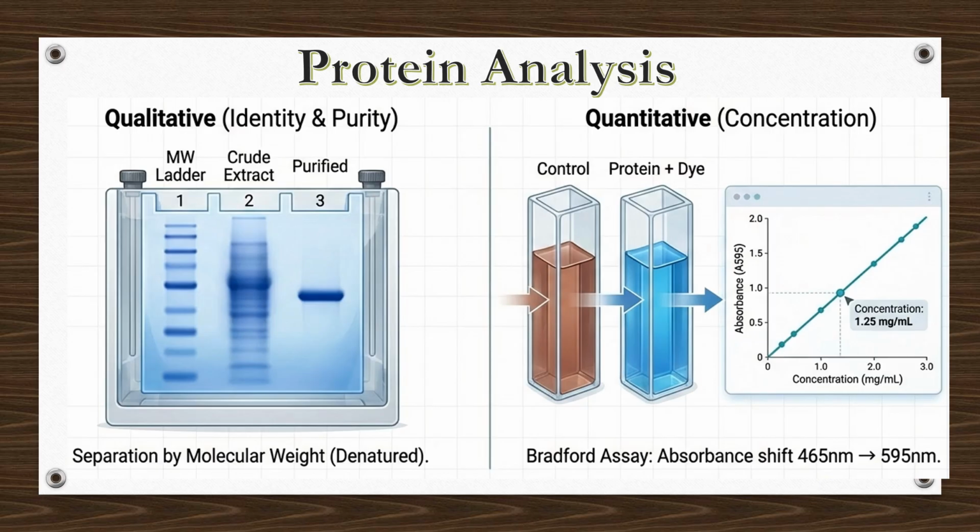These tests can be broadly divided into qualitative tests, which establish the presence or absence of protein or a specific amino acid, and quantitative tests, which measure the amount of protein present in a sample.